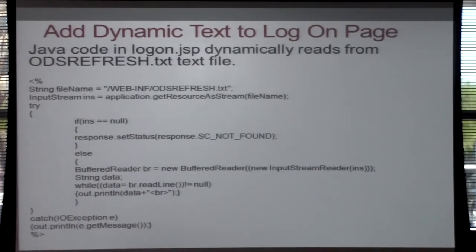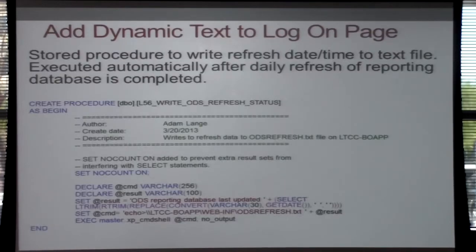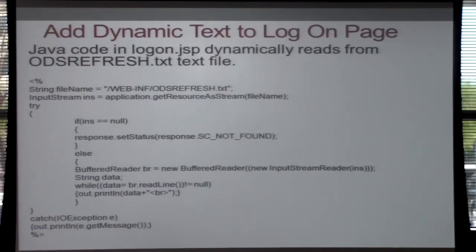This file, logon.jsp, which is right here in Tomcat, Web Apps, InfoView app, is essentially the container of all the stuff which defines what you see on that front logon page.